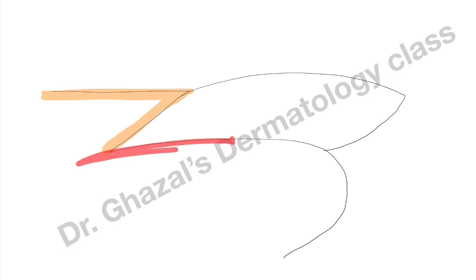From here to here is the nail matrix. From distal part of nail matrix is the nail bed. And then again this is the continuation of the normal skin. Now label them with me.